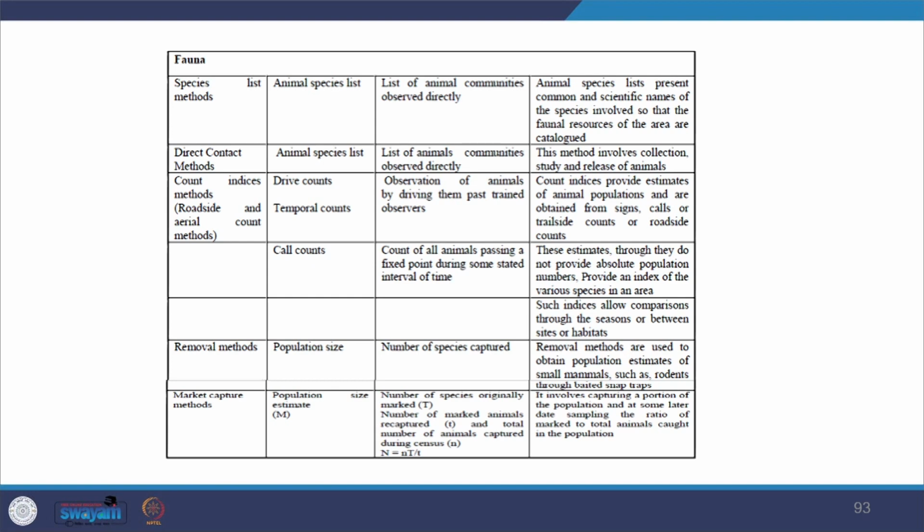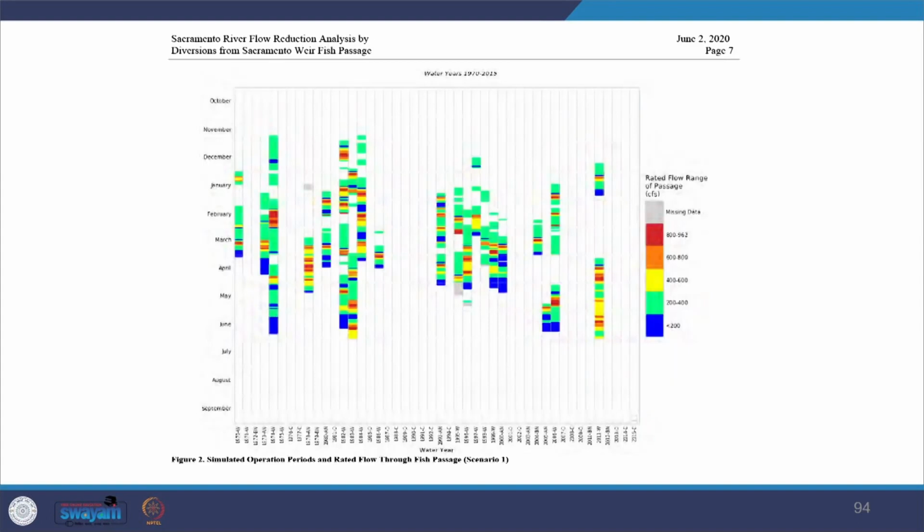So I'm sharing this example, a case study, also with you. In this image you can see the Sacramento River flow reduction analysis which they have done. Diversion from the river, and what kind of fish passage would be created. In the figure you can see the simulated operation period and rated flow through the fish passage. So they are working on different scenarios. Scenario 1 you can see, year wise 1970, 1971 and so on, up to 2015, what kind of change in the flow range of the passage would happen.